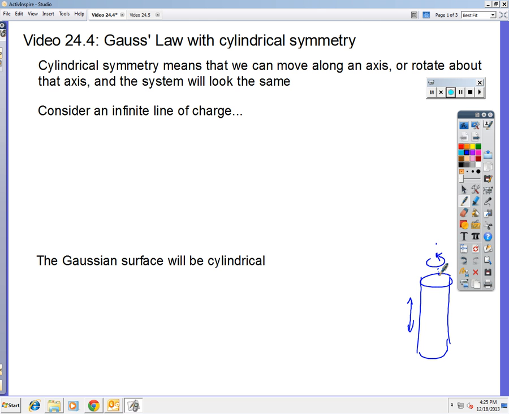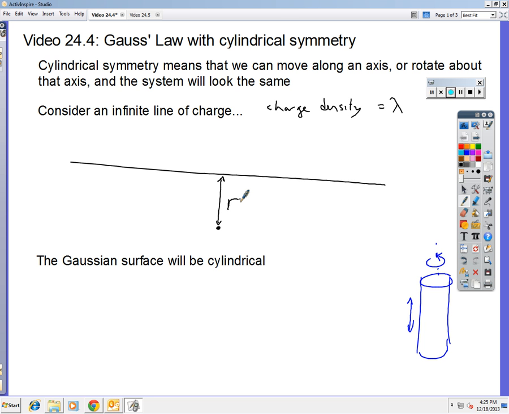And the basic thing we'll do is an infinite line of charge. The charge density is lambda. We're going to find the field at a point P, a distance r away from the line of charge.